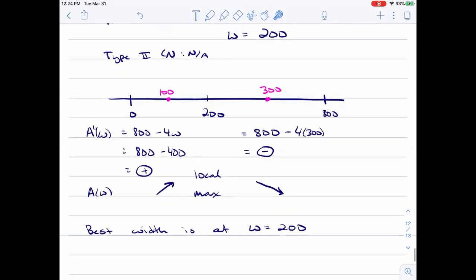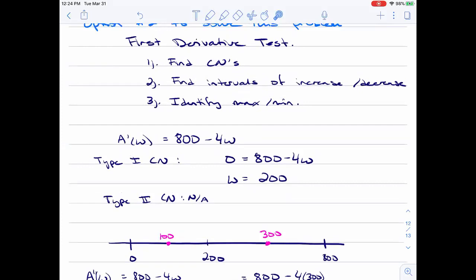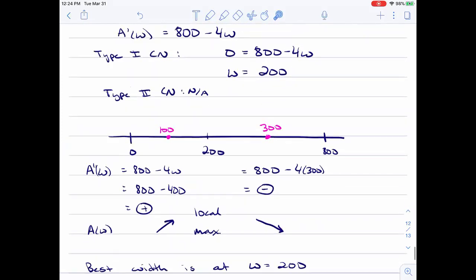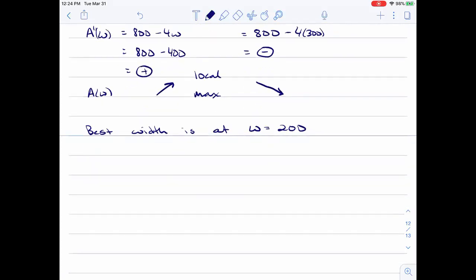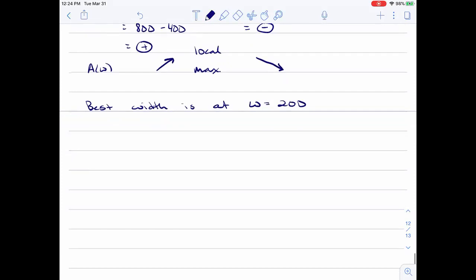So using the first derivative test, I actually don't need to evaluate the endpoints because I can tell how it's behaving. Here I see that 200 is a local maximum, and so I can just use W as 200 as my maximized W.